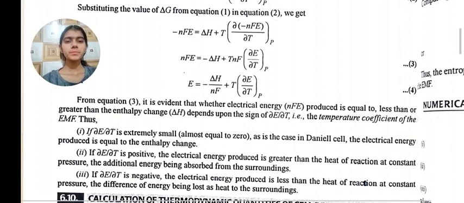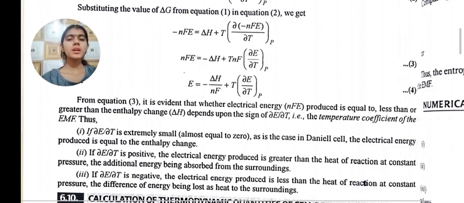Thus, if ∂E/∂T is extremely small, almost equal to 0, as is the case in the Daniell cell, the electrical energy produced is equal to the enthalpy change. Second case, if ∂E/∂T is positive, the electrical energy produced is greater than the heat of reaction at constant pressure, the additional energy being absorbed from the surroundings.